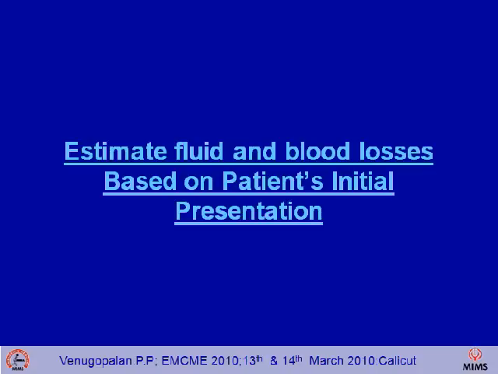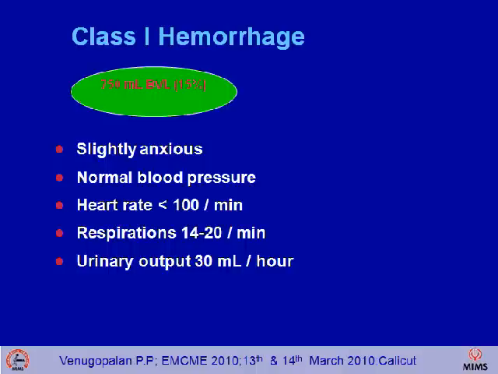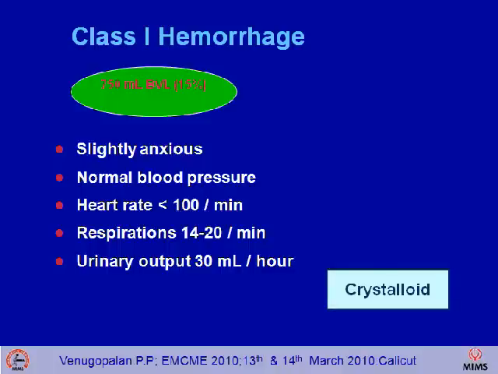How do you assess the fluid and blood loss based on the patient's initial presentation in a case of trauma? Hemorrhage can be classified into four classes, class 1 to 4, depending upon the loss of blood and the clinical presentation. In class 1 hemorrhage, the blood loss is up to 750 ml, that is up to 15% of the blood volume. The patient is slightly anxious with normal blood pressure, heart rate, respiration, and urine output, and the treatment is mainly crystalloid.